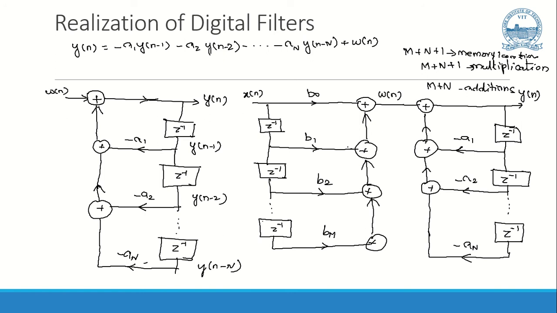Okay, so this is the feature of a direct form 1 realization. Since it needs this many memory locations, multiplications and additions, I feel realizing this in hardware is quite a difficult task, and it consumes more hardware resources.